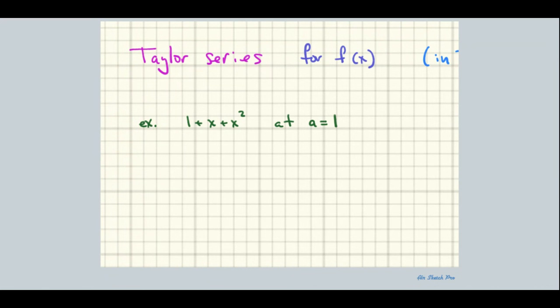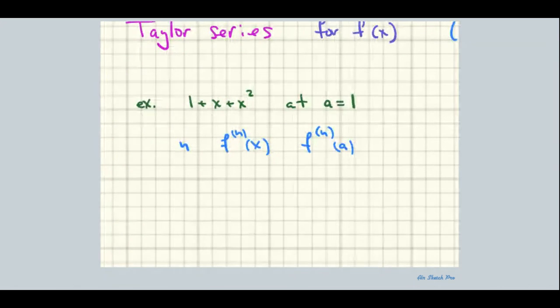Okay, let's try the Taylor series for these at particular values, just so we get some practice. And here's just a polynomial. So here we go. Let's do the things. n, f^(n) of x, f^(n) of a, at a.